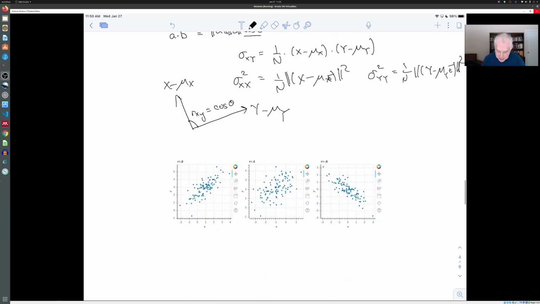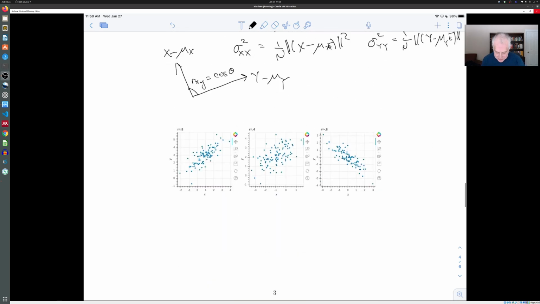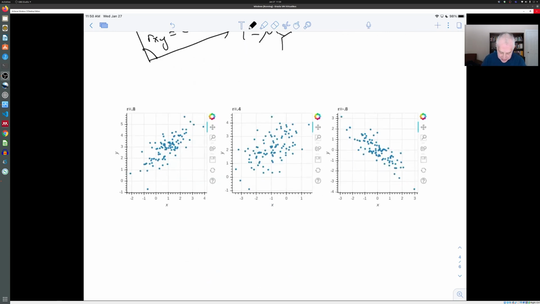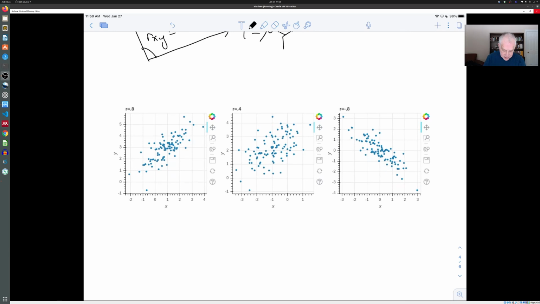To give you a sense of what this measures, I've plotted three different data sets. Each data set is a collection of points x1 up to xn and y1 up to yn, and I've made a scatter plot of them under three different circumstances.